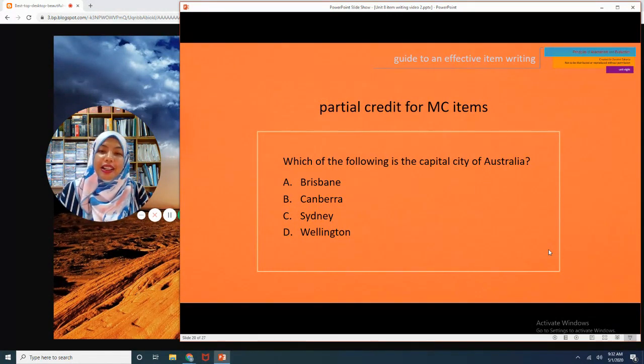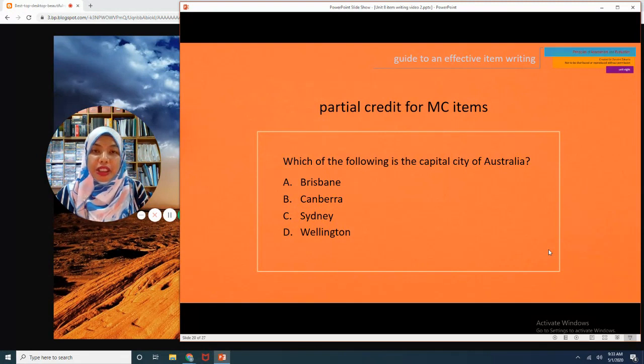Okay, so let us say, for example, that we want to turn this item into a partial credit item. Say, for example, you are a geography teacher and you have taught your students about cities in Australia, and you want to include this item as part of your test items, as well as convert this item into a partial credit item.